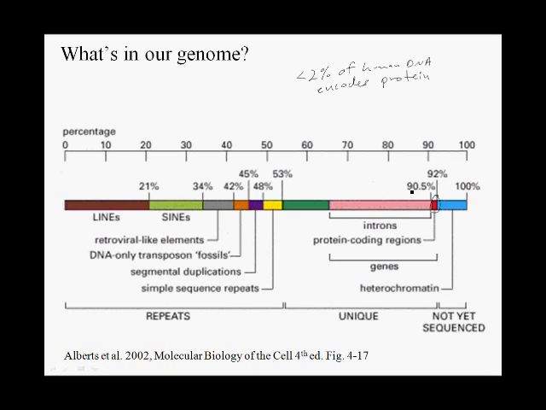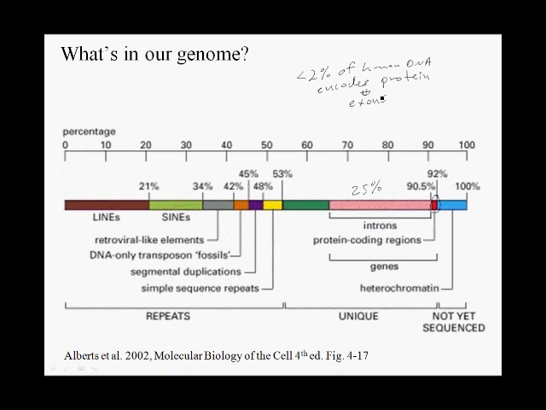So in fact, we see that introns add considerably to the portion of DNA that is used to encode genes. Introns are about 25% of human DNA. So if we include both exons and introns, remember the protein coding region is called the exons, exons plus introns together still constitute less than 30%, about 27% of the human genome.